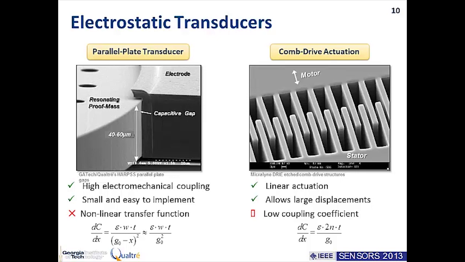The reason for this is because they're easy to fabricate, unlike, for example, piezoelectric transduction. You don't need any additional layers that might add cost to your process or that might add some additional temperature variations.